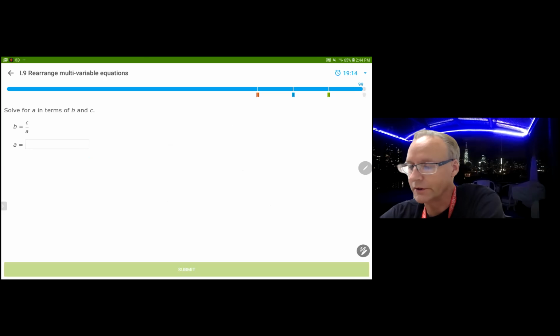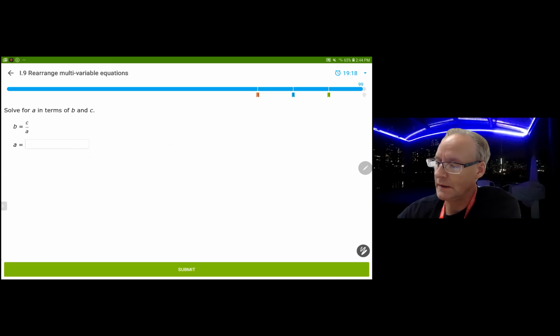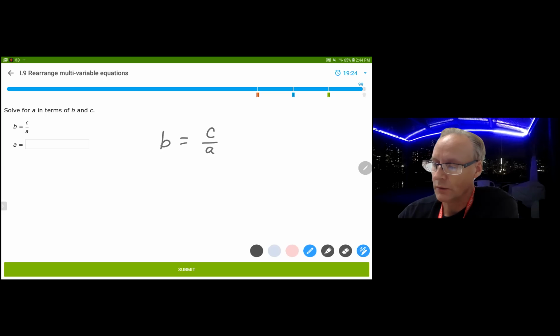And one more for sure. So solve for A in terms of B and C, and I'll do this last one. B equals C over A. We're going to multiply by A on both sides, because I want to get that A alone.